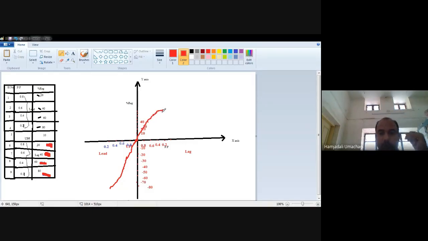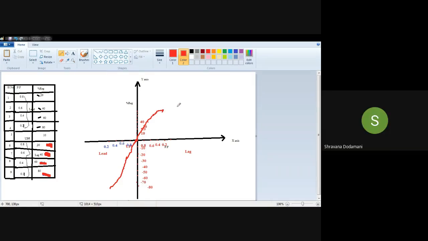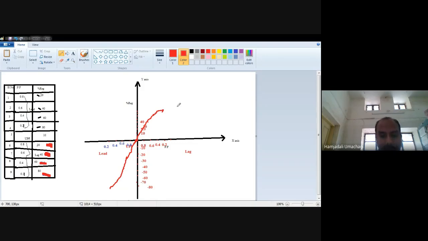Can you see this graph, all of you? Yes, sir. This is how you are going to plot the regulation versus power factor graph in your laboratory. At the end of the experiment, you need to draw this graph. On the Y-axis take regulation, on the x-axis take power factor. The positive x-axis is lagging power factor, the negative x-axis is leading power factor.